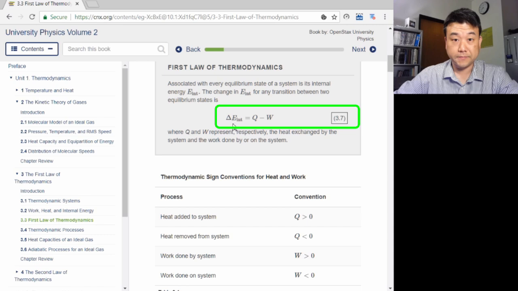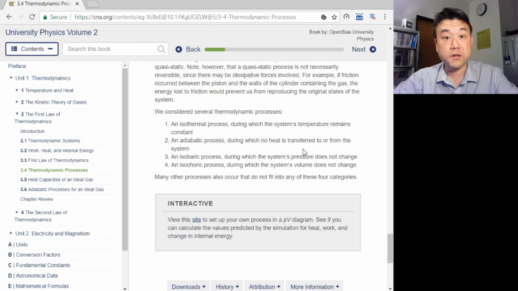Mind you, the sign convention for the work we use in this physics class may be different from what you have seen in a chemistry class, because we are talking about work done by the system, not work done on the system. We introduced the four named thermodynamic processes: isothermal, adiabatic, isobaric, and isochoric processes.